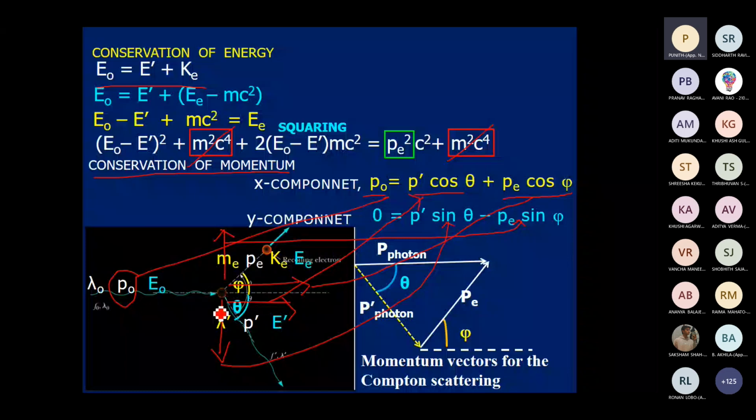So this is the conservation of momentum, written as an x component and a y component. That's what we did in the previous class. And to get PE, add and square these two equations.